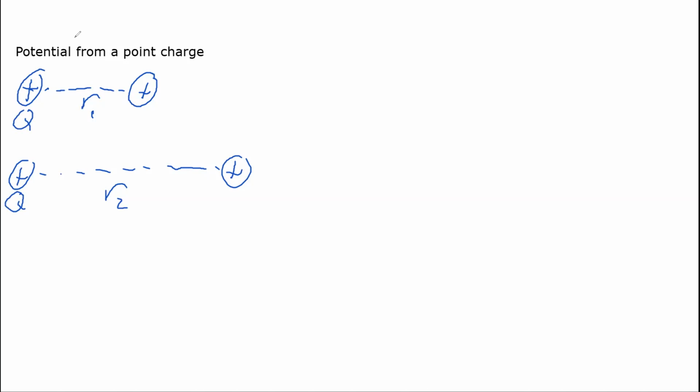All right, so let's take out the other charges here. I'm just going to put empty points in space here. What's going to be the potential? How does the potential at R1 compare to the potential at R2?